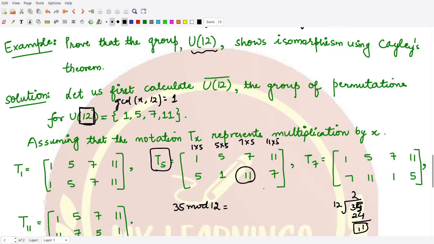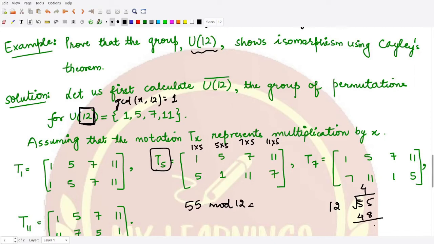So 11 is the answer here. Similarly, when you have 11 multiplied by 5, you have 55 here. When you take 55 mod 12, you are dividing 55 by 12, so you would have 48 here, and the remainder is 7. So your answer is 7 here.